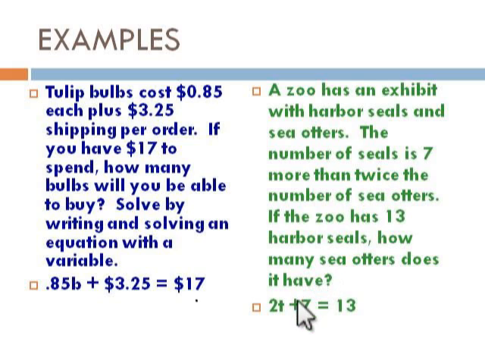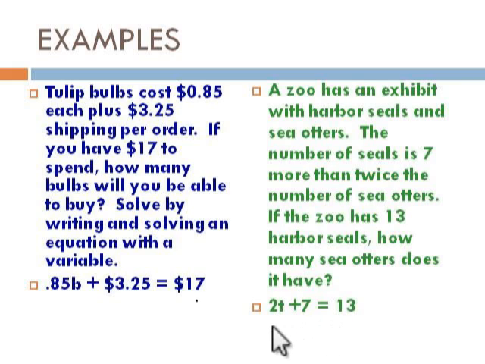So I've let T equal my sea otters. So twice the sea otters, 7 more than twice the sea otters is the number of harbor seals. The number of harbor seals is 13.